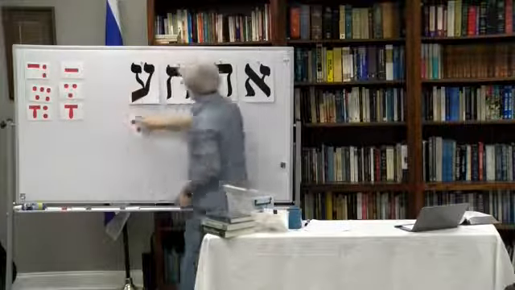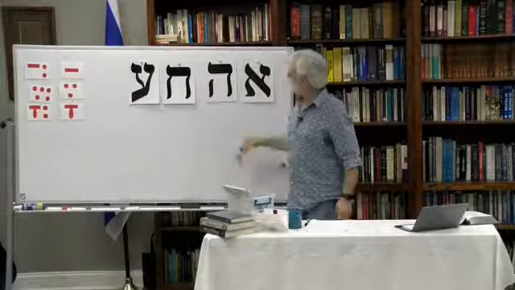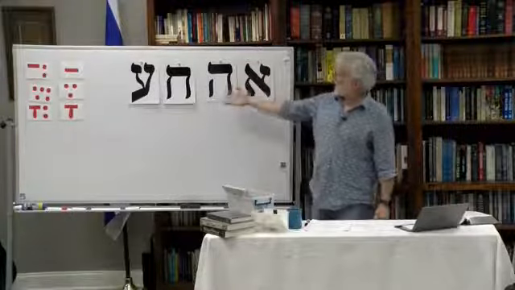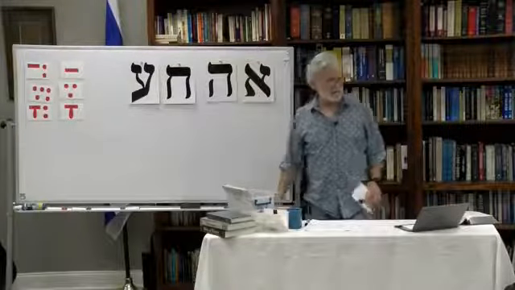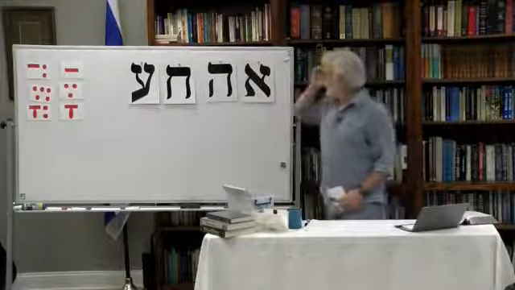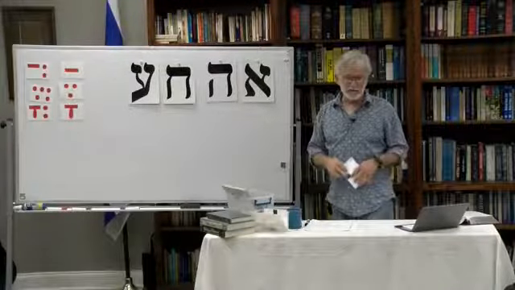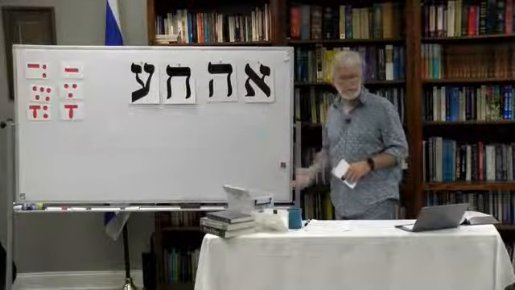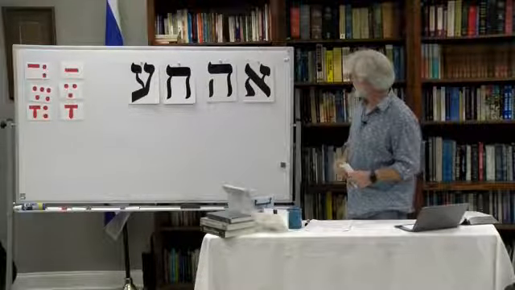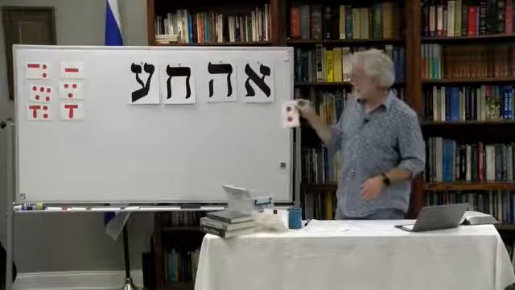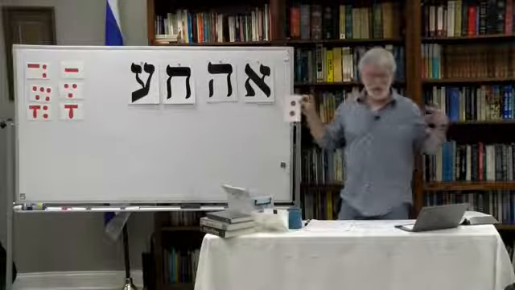Now, sometimes resh is a guttural, but I want to use these for my example. You have the aleph, the hey, the het, and the ayin. These are called gutturals, and they take certain characteristics because of their special pronunciation and so forth.